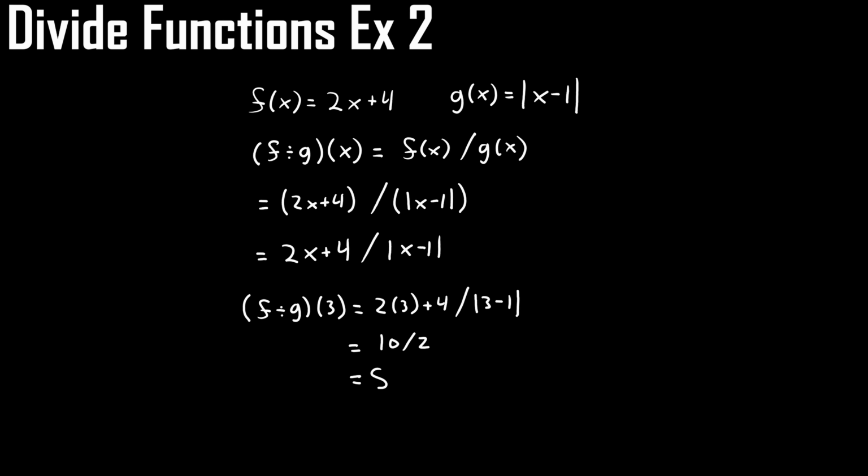And we can check our answer by plugging 3 into f of x and g of x. So f of 3 equals 2 times 3 plus 4. This equals 10. And g of 3 equals the absolute value of 3 minus 1, which equals 2. And 10 divided by 2 is 5. So we know we are correct.